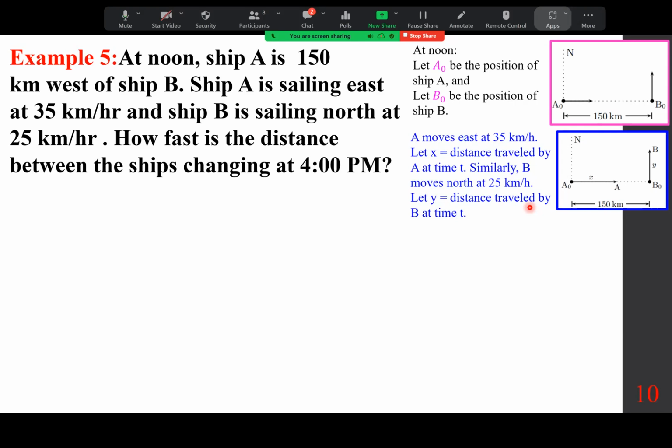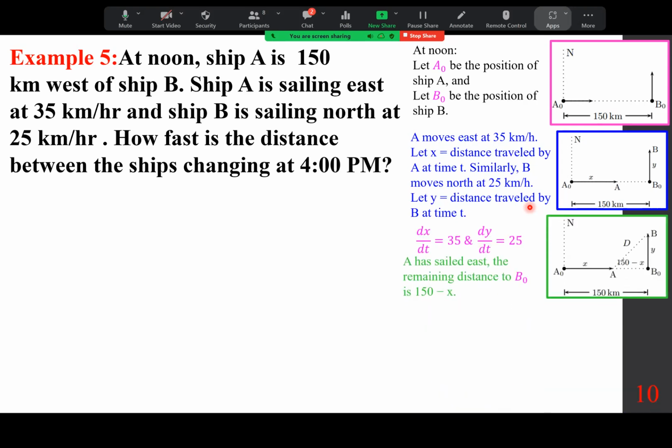So what it creates is the following situation. We have moved from here to here. We have traveled X amount for A, and B has traveled the Y amount, and the total distance originally was 150 kilometers.